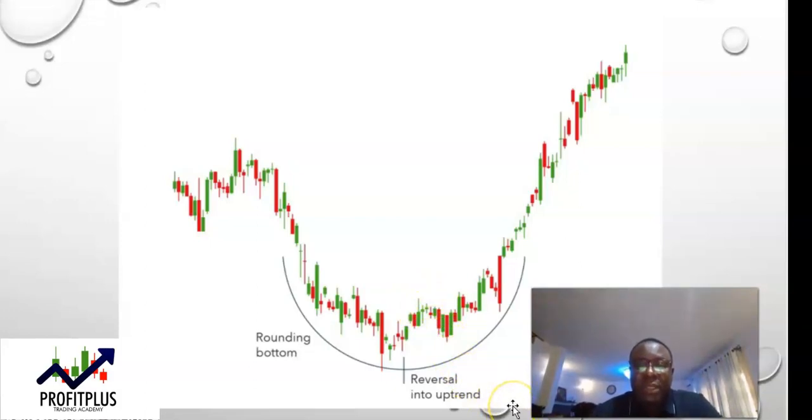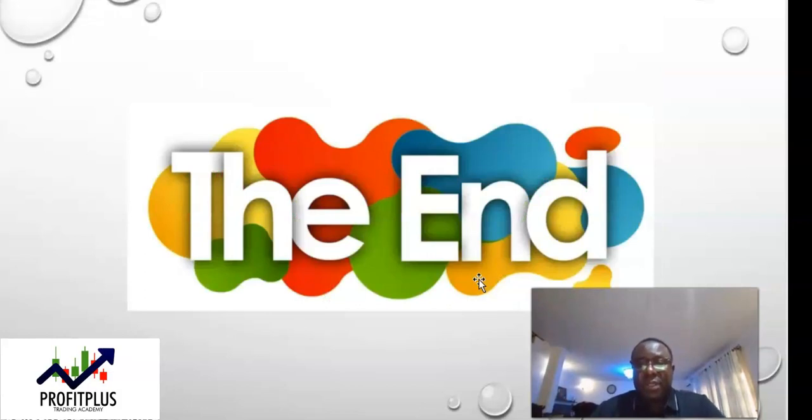That suggests a reversal. This is a rounding bottom. So at the neckline around this area, when the price breaks and retests, you can take your trade, your buy, around this area. Okay, this comes to the end of this very important discourse.